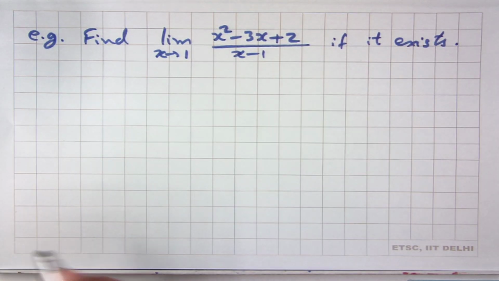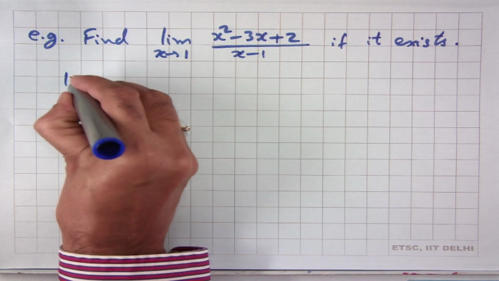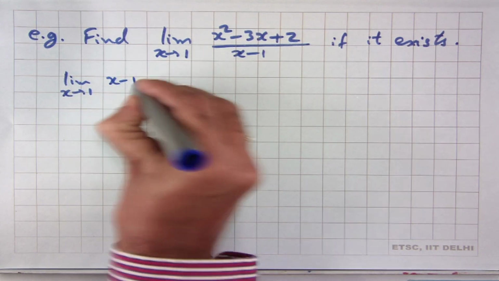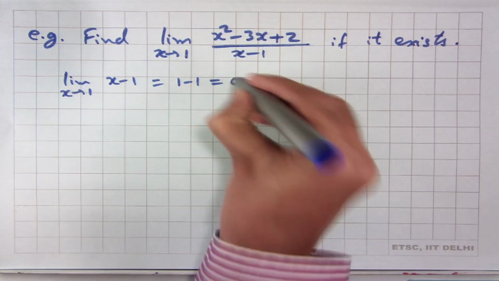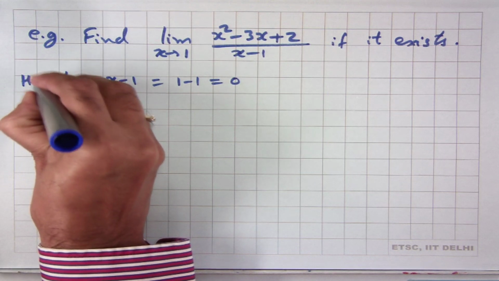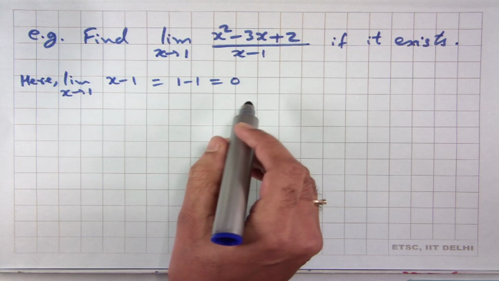So, here we see that the limit as x goes to 1 of x minus 1 is simply 1 minus 1, which is 0. So we cannot use the quotient rule directly.